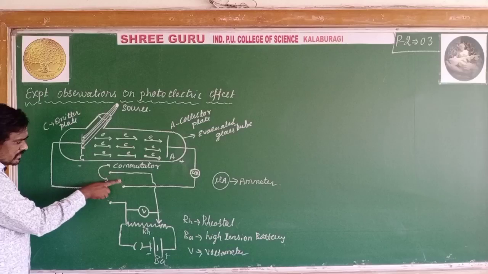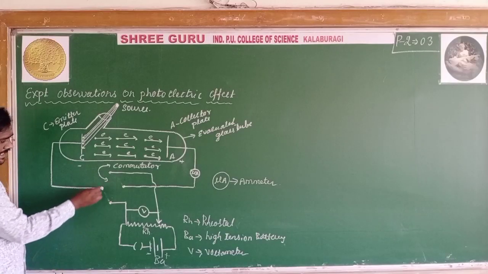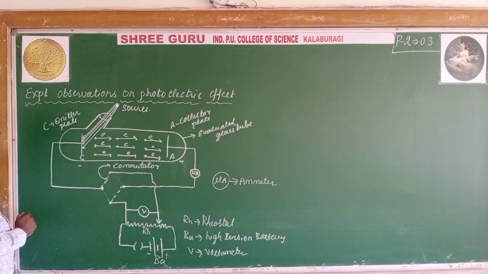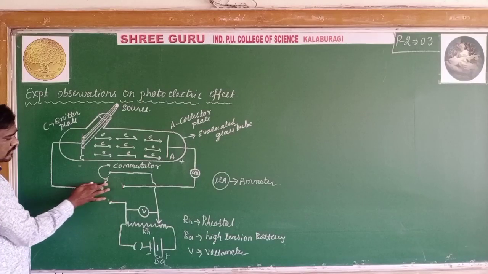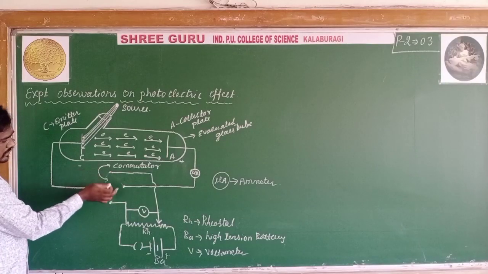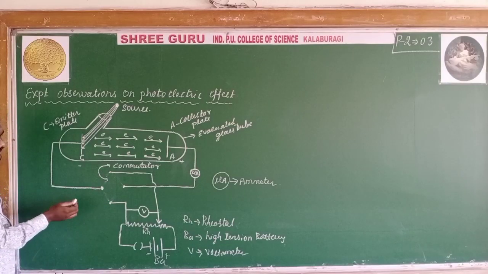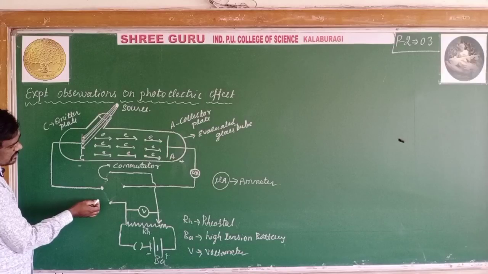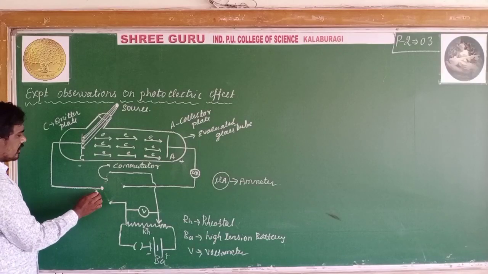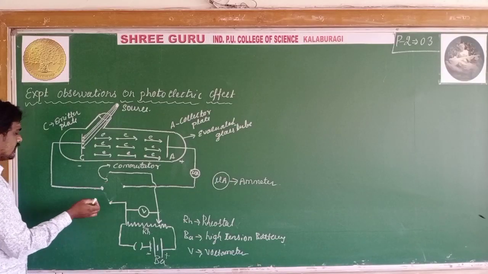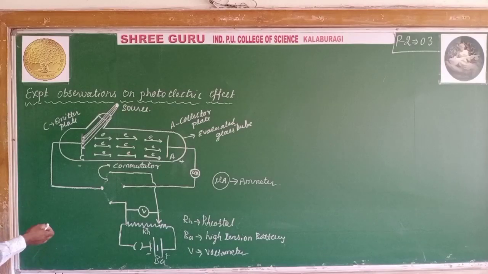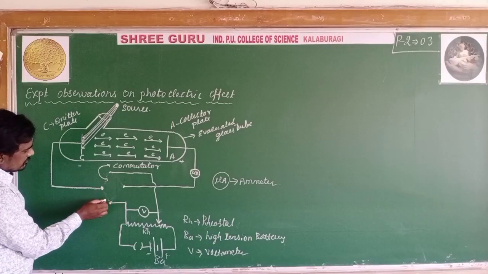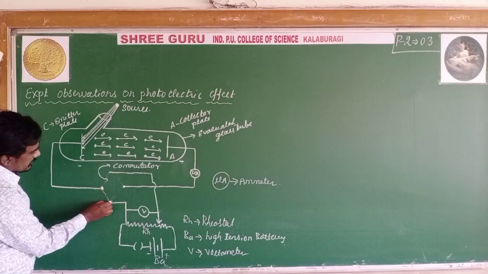Suppose we reverse these terminals like this, with the negative terminal connected here and the positive terminal connected there, in the reverse manner. Initially it was connected to the positive terminal of the battery, now it is connected like this.